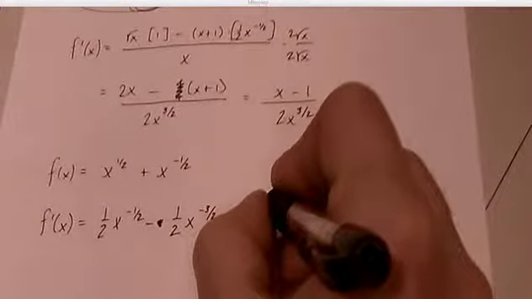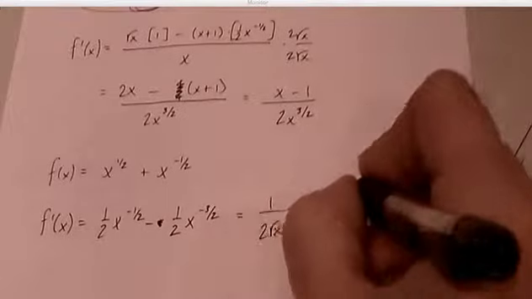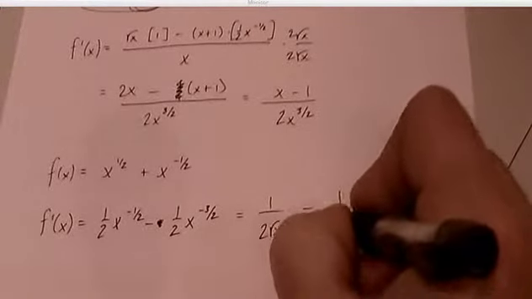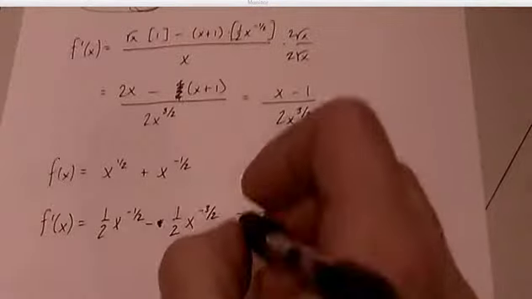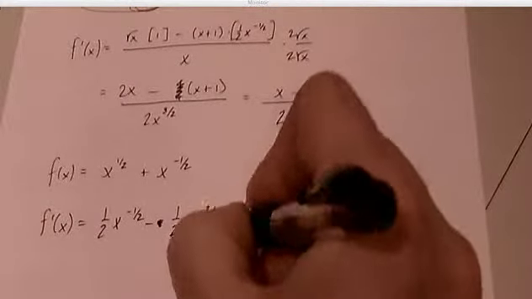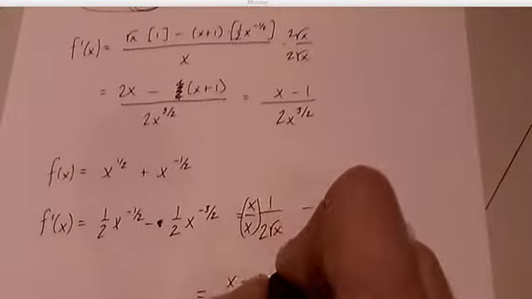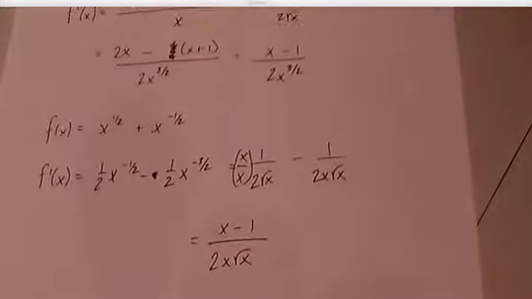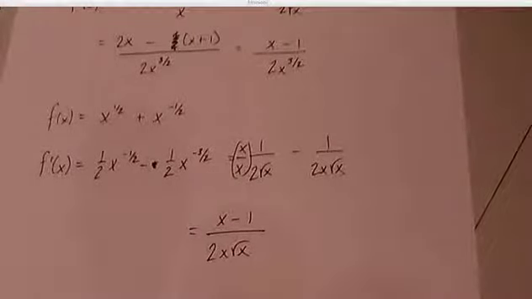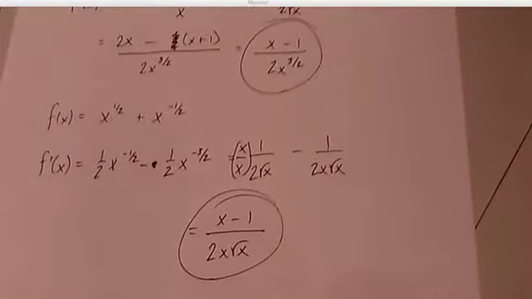Of course, if you have 1 over 2 root x minus 1 over 2x root x, to get a common denominator I multiply the first by x over x, and I get x minus 1 over 2x root x. If you know the relationship between radicals and fractional exponents, you'll recognize that that is identical to that.